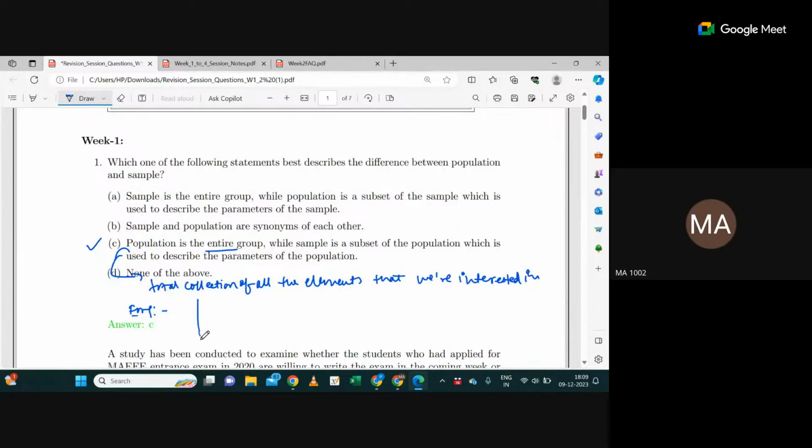By notation you can define it like this. Suppose this is the big set. Let me draw something like that.